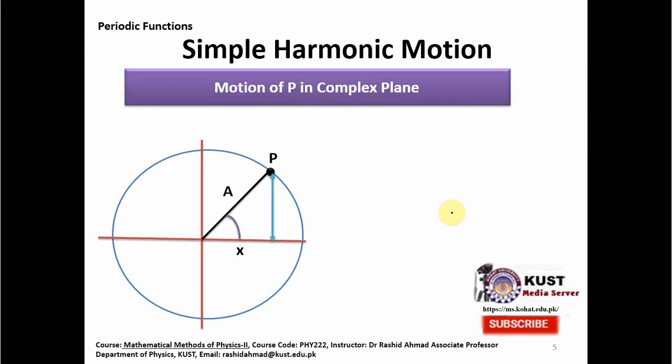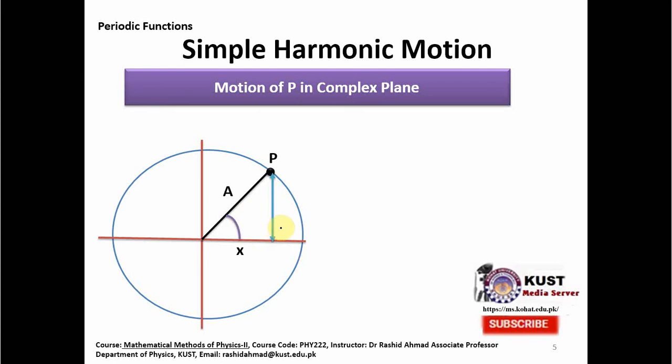As I promised, I will show you that the linear displacement of point Q is actually the y component or vertical component of the motion of particle P. Here you can see that this is the x component of this right angle triangle we are completing in this circle, the horizontal component, and this is the y component, the vertical component.